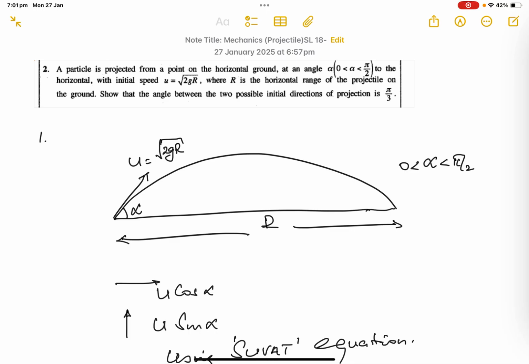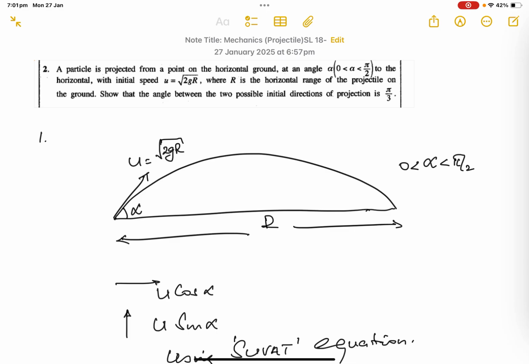So it's a simple projectile, and the initial velocity, I just put a sketch, is u equal to the square root of 2gR, and the angle to the ground is alpha.